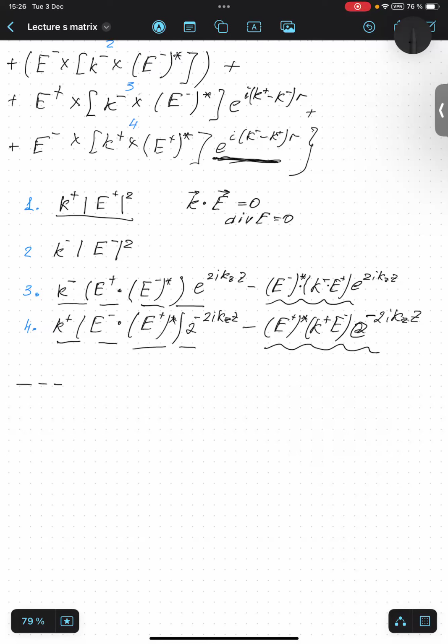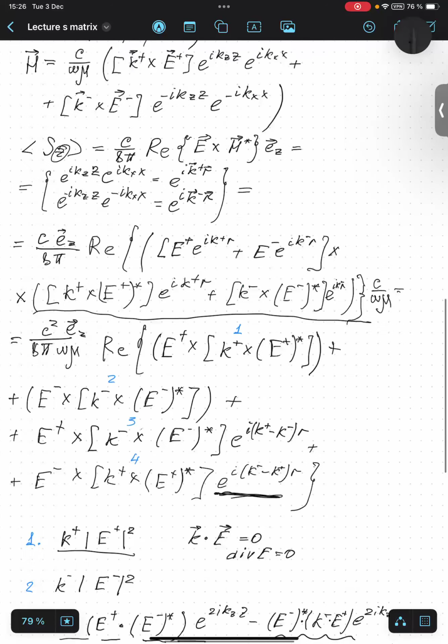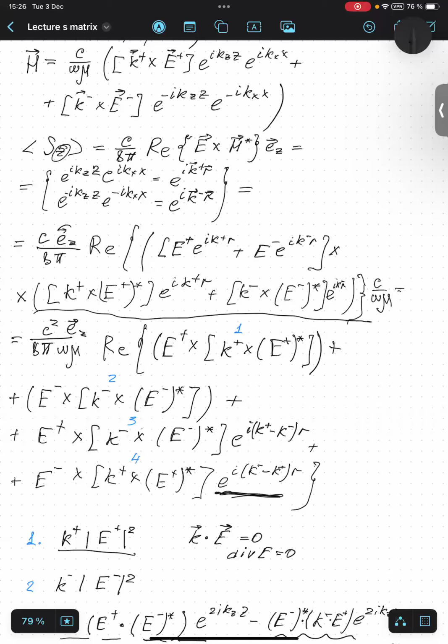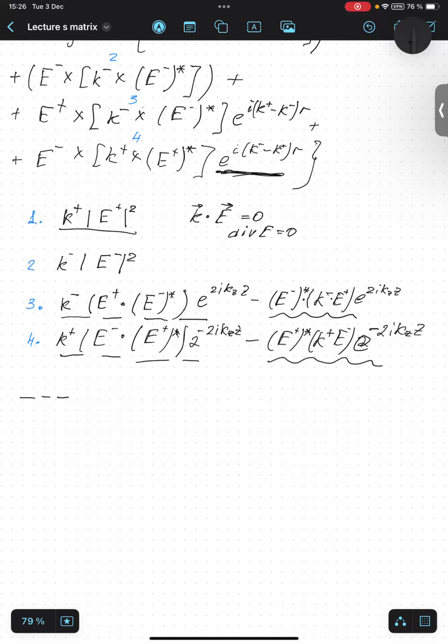These parts, after we multiply it by unit vector ez, what will we obtain? Here it will be minus kz, here it will be just kz.